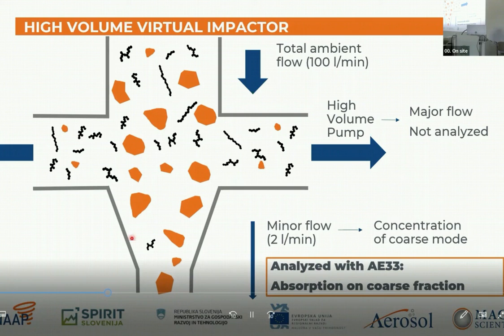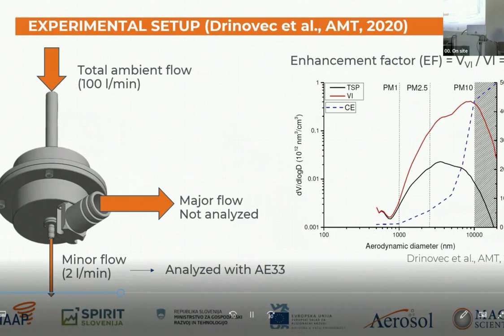They keep their initial direction with such a setup. So with this setup, we are throwing away the fine mode aerosols with the major flow. So basically, the majority of strongly absorbing black carbon is removed. With the minor flow, we are then sampling aerosols in coarse mode, which could be further analyzed.